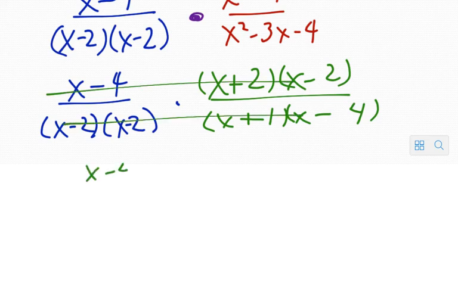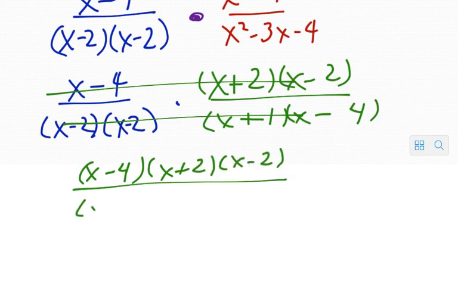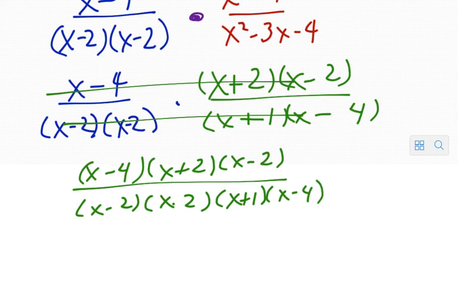So x minus 4 times x plus 2 times x minus 2 over x minus 2 times x minus 2 times x plus 1 times x minus 4. And I see some common factors, x minus 2 and x minus 2, x minus 4 and x minus 4.